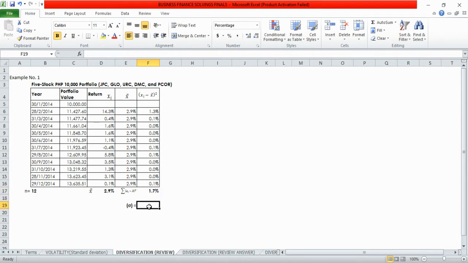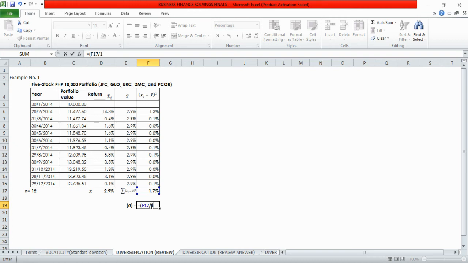And to get our volatility, just get the value of the summation of the square of the difference of the return and the average return over 12 minus 1, again 11.